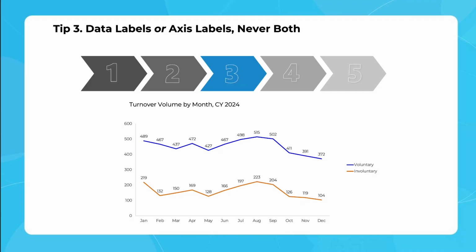I think the best approach is to have one or the other, especially if you think in terms of a dashboard. You're not just going to have one chart. Right now, it might not look so overwhelming having both, but on a dashboard, you're going to have multiple charts usually. That can get cluttered really quickly.